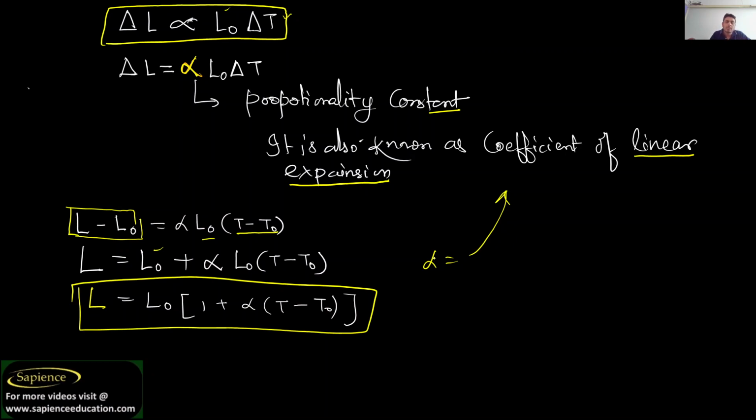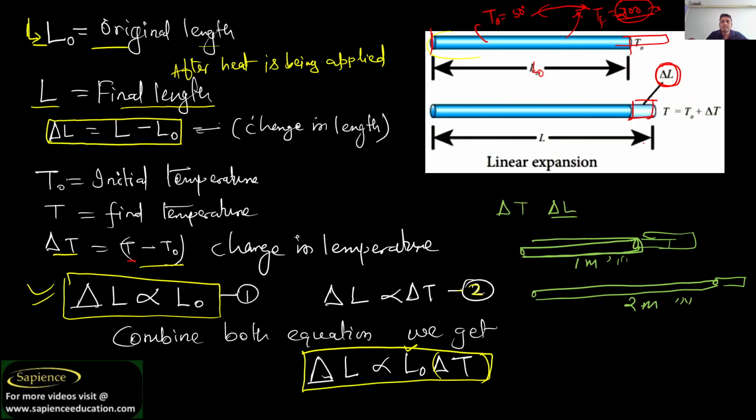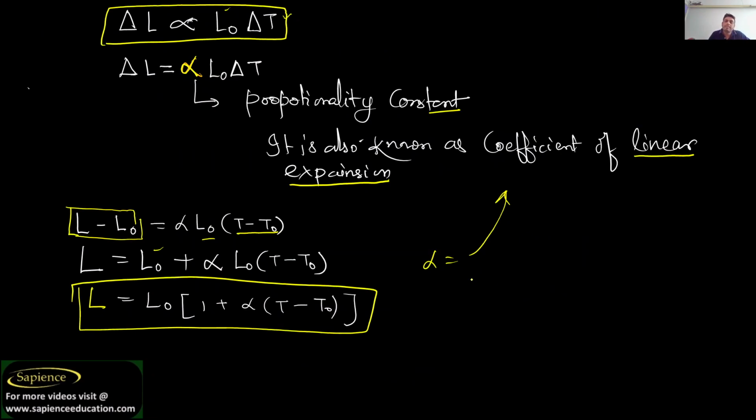Okay. So I hope you have understood this phenomenon, right? I hope you have understood this linear expansion, right? Numericals will be basic. In a numerical they will give all the values except one. Maybe they will give linear expansion coefficient, initial temperature, final temperature, initial length.